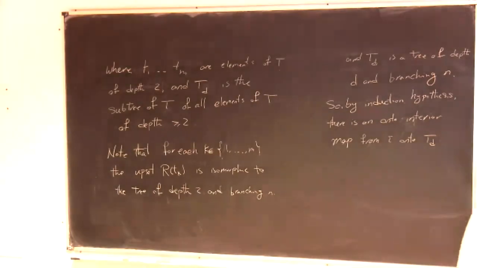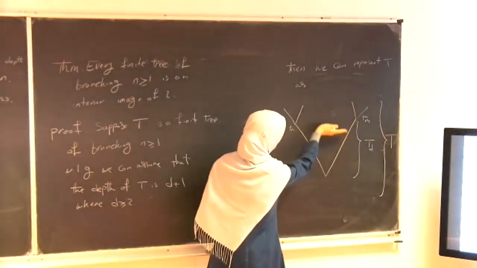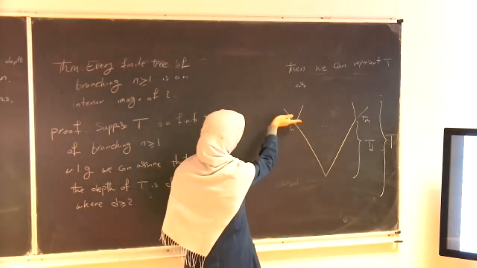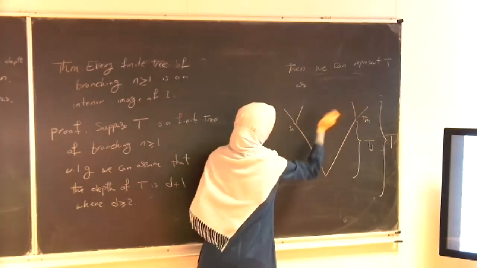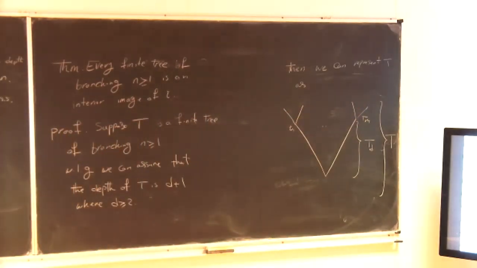So by the induction hypothesis, we can define a function from I to this part of T. And by the previous lemma, we know that for each of these trees, I can have an appropriate function.